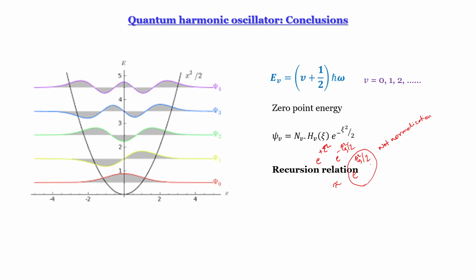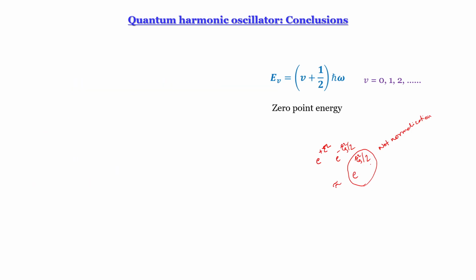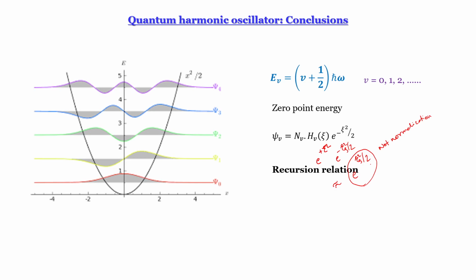I was having doubt about the recursion formula while using it. The recursion formula relates them, but I don't think that if you have psi 4, you will get psi 3 or psi 1.